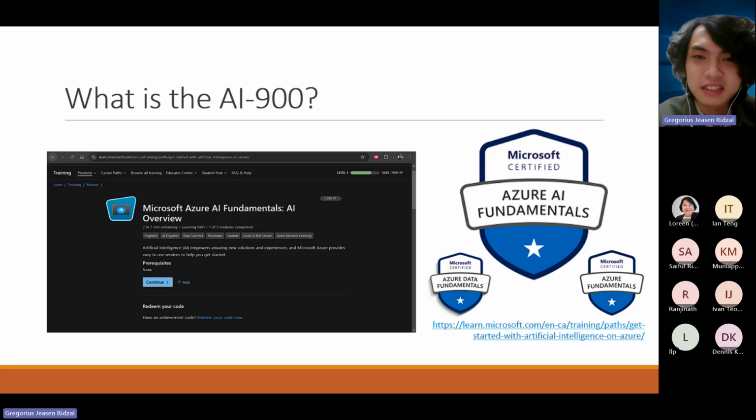There's the MS-900 if you're into the Microsoft Office stuff, Excel, PowerPoint, even Microsoft Teams, actually, right? So this is the logo right here on the right, Azure AI Fundamentals. So it's also focusing on Microsoft's very own solutions of AI with their Azure Machine Learning, Azure's OpenAI service, and etc. Right?